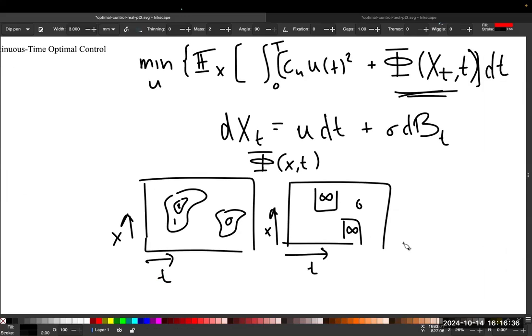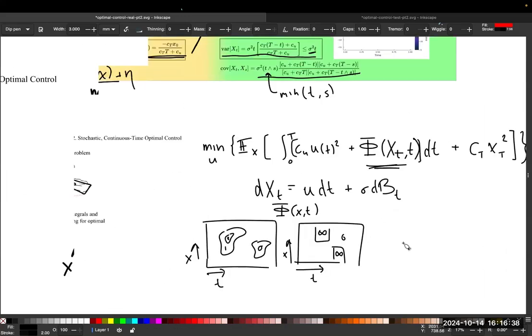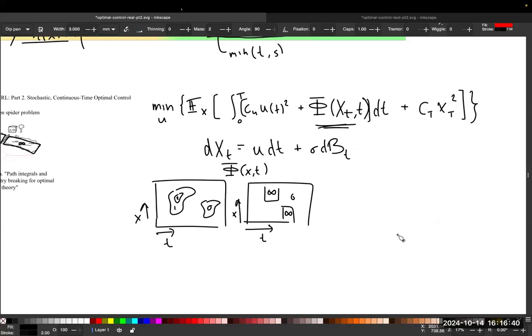Okay, so last week we were able to derive the HJB, the stochastic HJB for this problem. And we can do that again.